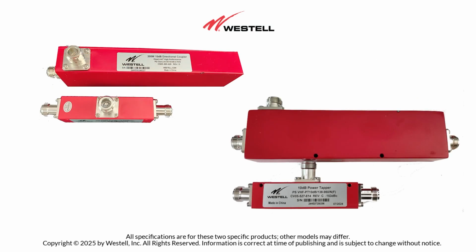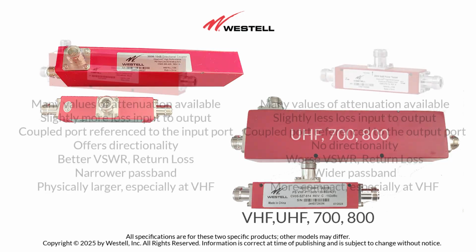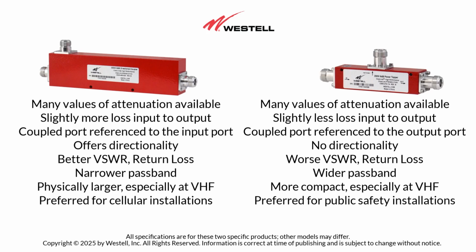For instance, this directional coupler can support UHF 700 MHz and 800 MHz, while this tapper can support these bands along with VHF. It is essential to always check the passband of the specific make and model when designing and deploying these devices. Due to these characteristics, cellular providers typically prefer directional couplers, while public safety systems often favor tappers.